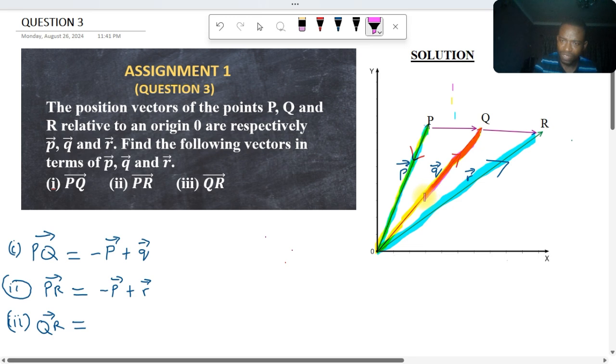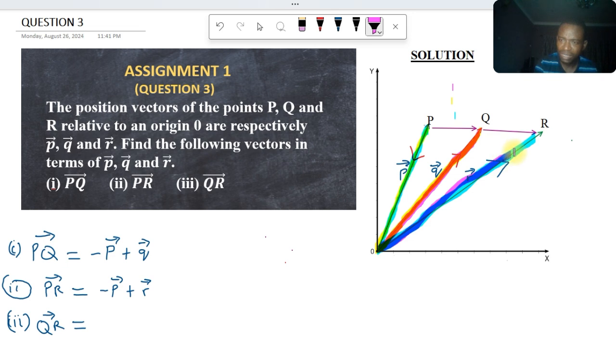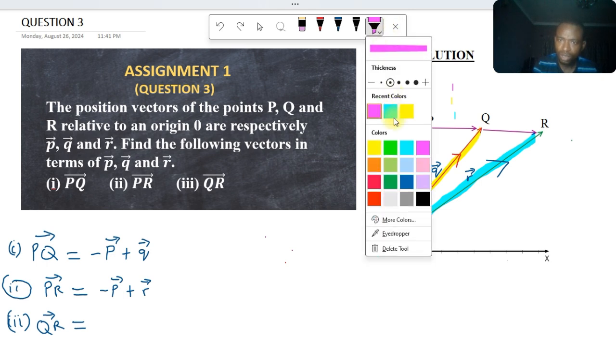I am moving in the opposite direction to Q, and I'm moving this way, and I'm heading here.